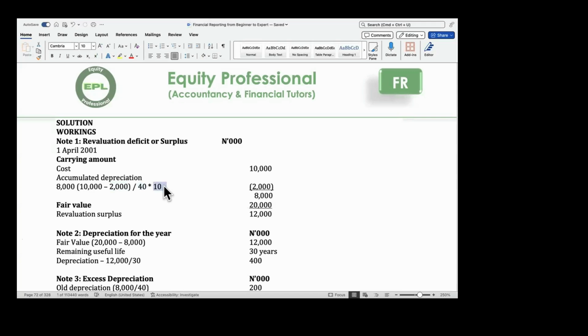So we will have charged depreciation for 10 years. If you do your maths, that brings the accumulated depreciation to 2 million. When you take away this 2 million from this 10 million, my carrying amount becomes 8 million. Then I will compare that with the fair value of the property, which is 20 million.